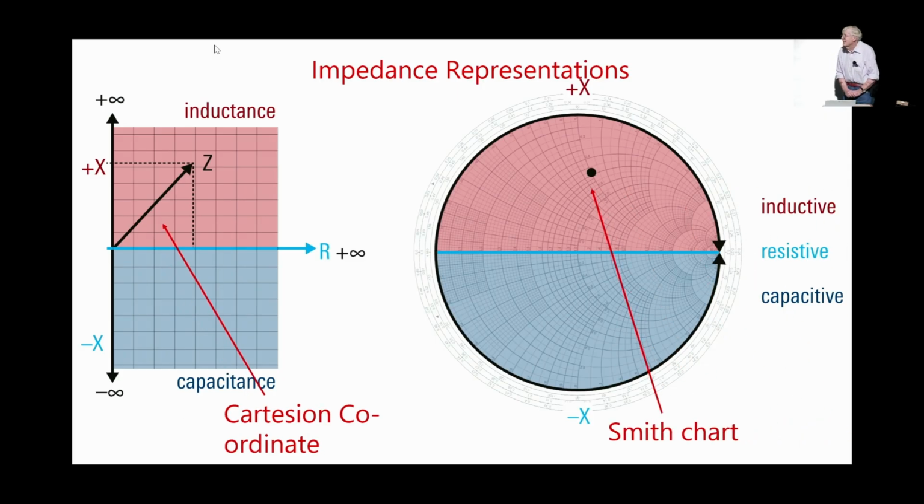So there's the Cartesian version of an inductive impedance on the left, and there's the Smith chart version of it, which is just a little dot. So how does that all work? Well, you can see there that the red part is where the transmission line is inductive, and the blue part is where the transmission line is capacitive.